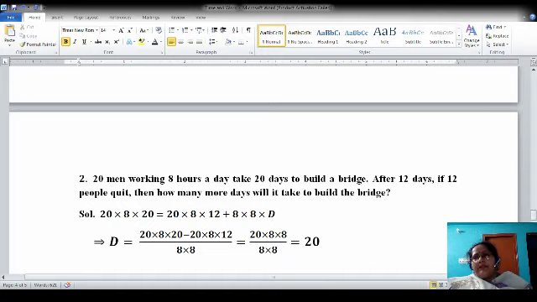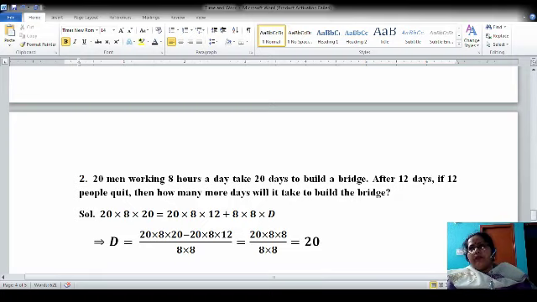The second case was the unitary method, where we calculate the capacity or the efficiency of a particular person and then get the answer. And the third case is where we measure the amount of work by the number of men working as well as the number of days or the hours, or rather the time required.